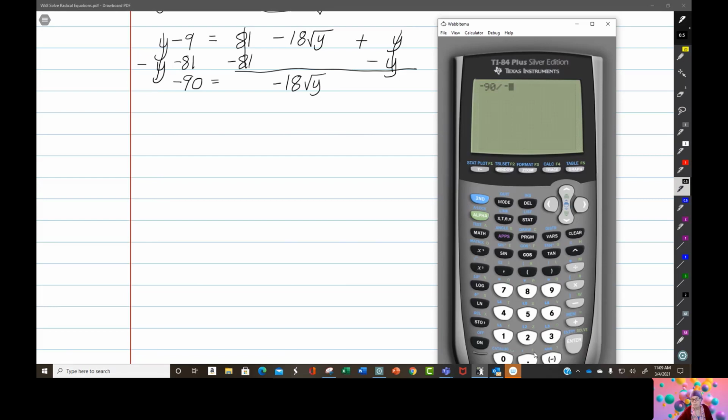And I would say probably not. Whoop. Negative 90 divided by negative 18. It does! Sometimes you're not this lucky, so don't assume you will be.